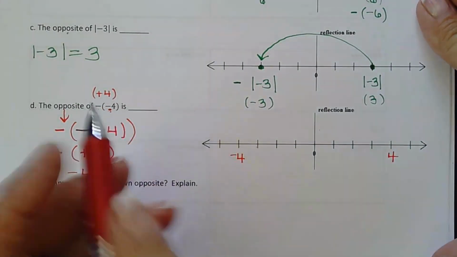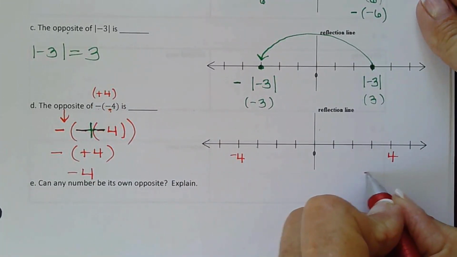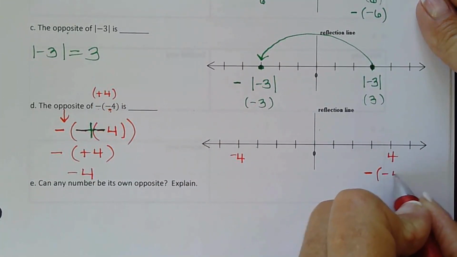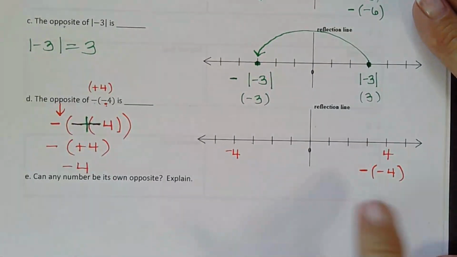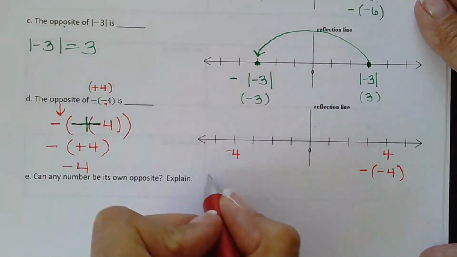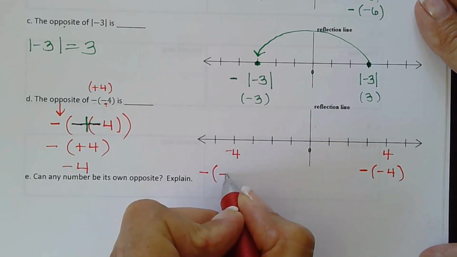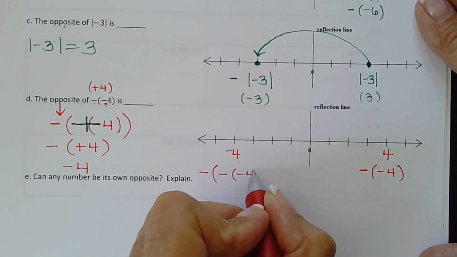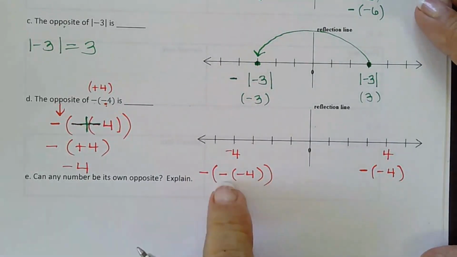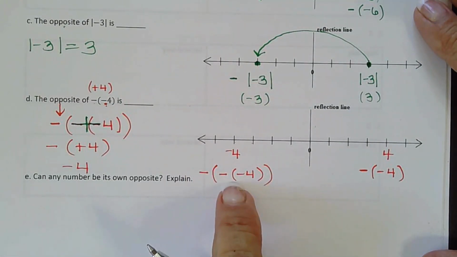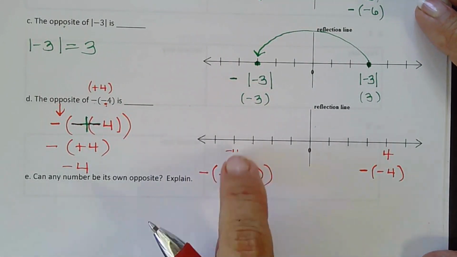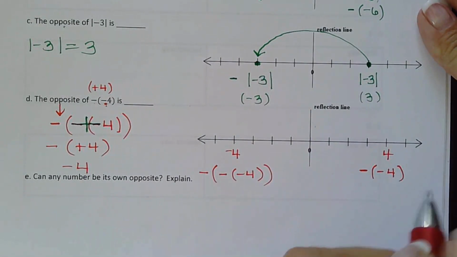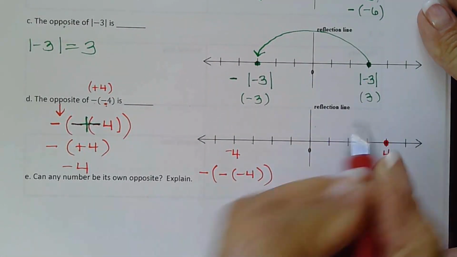The technical way of writing it would be the opposite of negative 4, which we know means positive 4. And this would be all that mess there. The opposite of negative 4, which is positive 4 inside. The opposite of positive 4 is negative 4. So we start here and we go here.